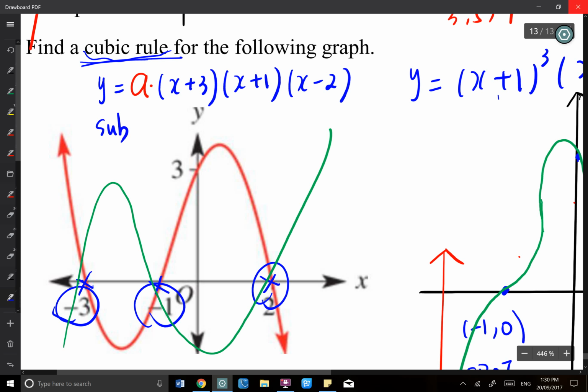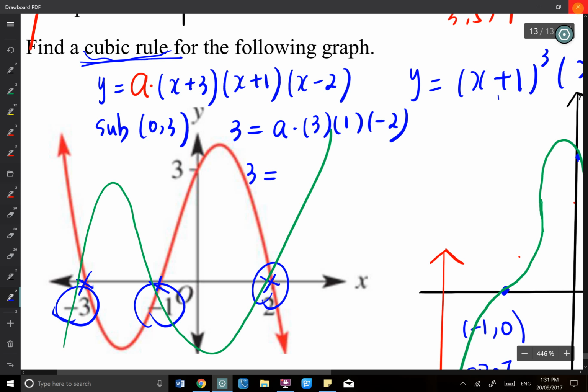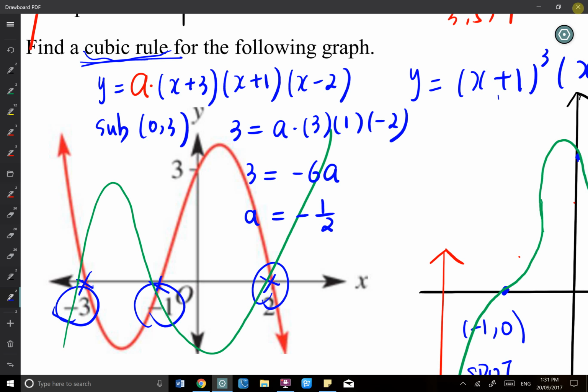So what I will do is sub. You're not going to sub the 3 x-intercepts. What you need to sub is (0, 3) into the equation. So 3 equals a times 3, 1, and -2. So 3 equals -6a, then a is -1/2.